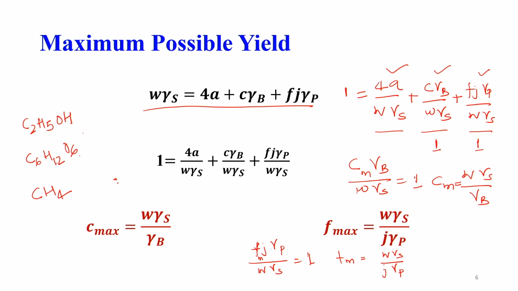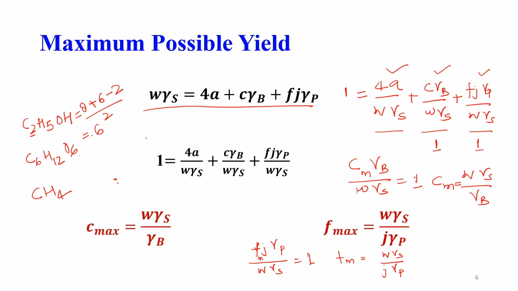We know how to proceed. For carbon the valence is +4, hydrogen +1, oxygen -2. For ethanol this will be carbon 8 plus hydrogen 6 minus oxygen 2, divided by the number of carbon atoms, 2. So this will be 6.